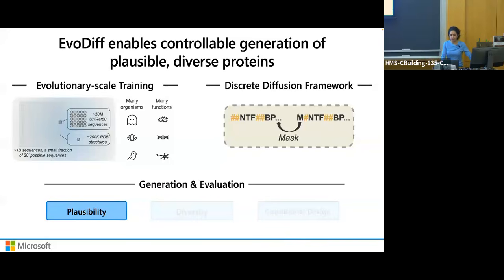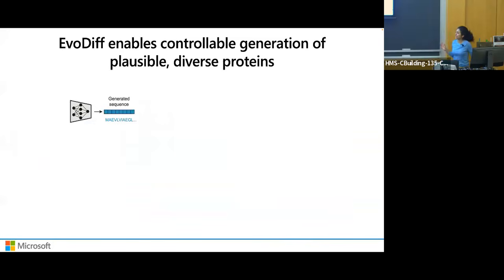First, thinking about purely the plausibility of these individual generations from our model, we developed a workflow to assess this, where we take our EvoDiff diffusion model, sample from it to generate a set of protein sequences, and then use an external structure prediction tool like AlphaFold or OmegaFold to predict a likely structure and assess its confidence.